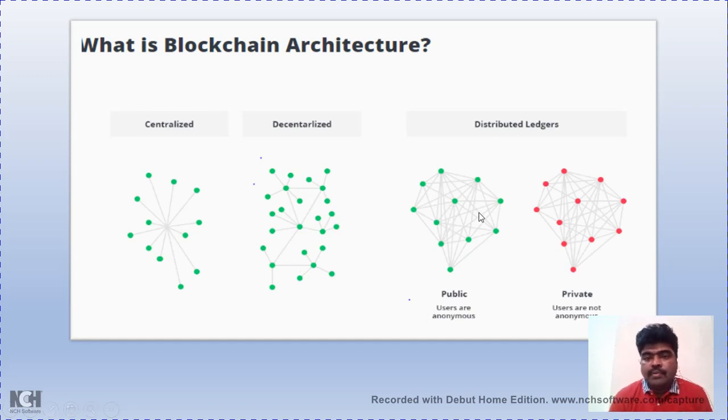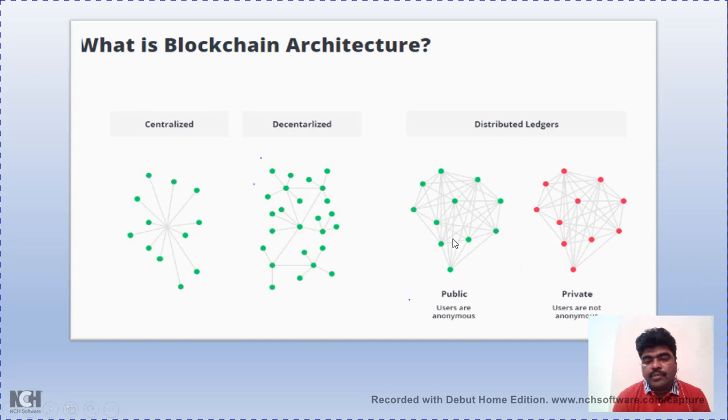When we think about the distributed ledger, as we know, blockchain is a peer-to-peer network, where each node is connected to each other node within the blockchain, so that the exchange of data is peer-to-peer among the nodes. In a distributed ledger or blockchain, we have public blockchain and private blockchain.